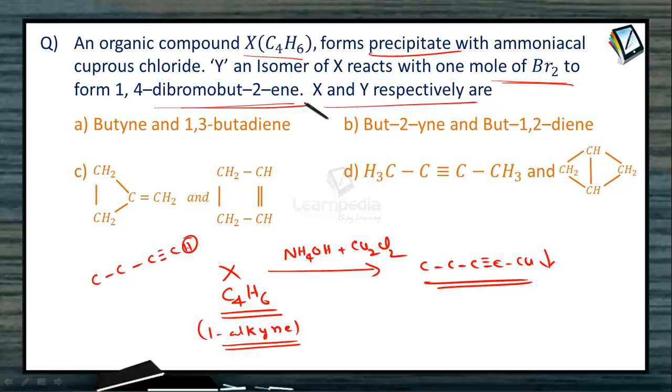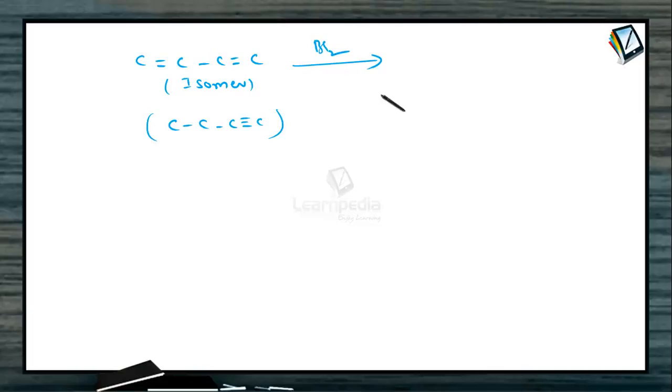So what will happen is, when we go for 1,3-butadiene, which is an isomer of butyne, and it is treated with 1 mole of bromine, thereby 1,4 addition may take place to give a bromine atom here, a double bond, and a carbon followed by a bromine here. So what is it that we are getting?